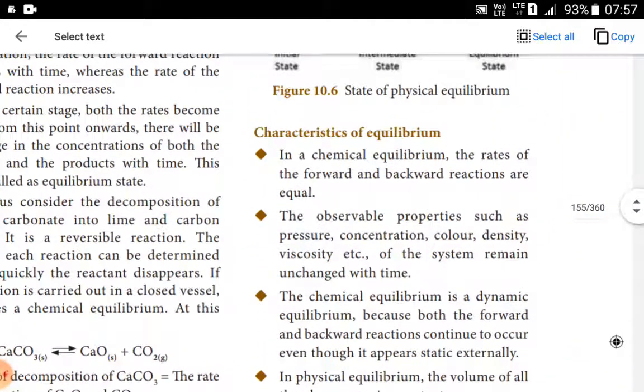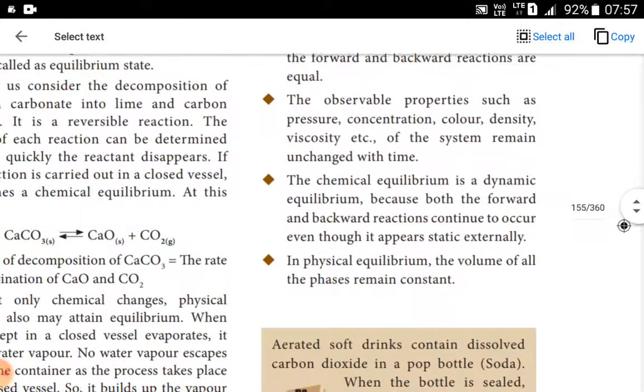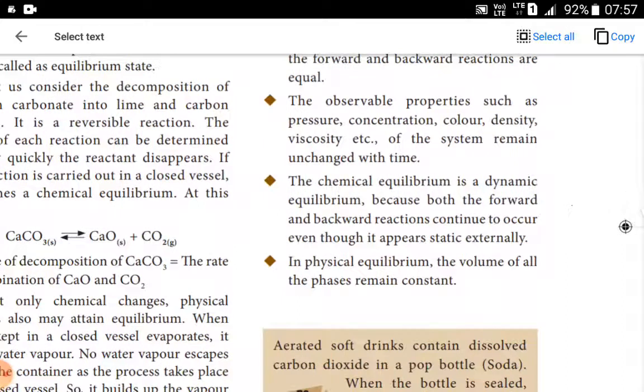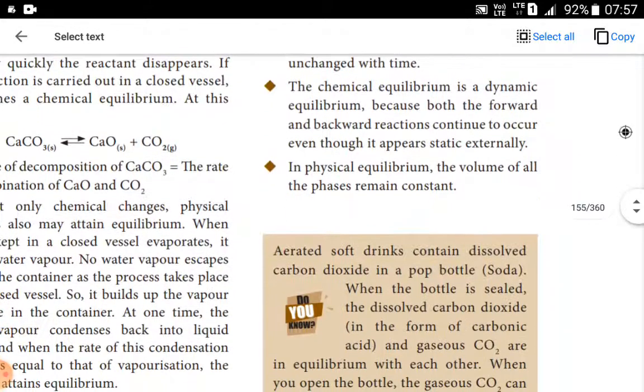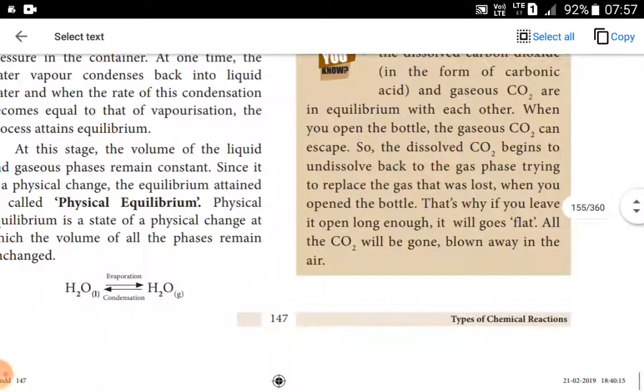The rates of the backward and forward reactions are equal. There is no change in pressure, color, density, or viscosity at the equilibrium state, and it is a dynamic equilibrium. In physical equilibrium, the volumes of reactant and product remain constant, and the phases, liquid and gas, stay constant.